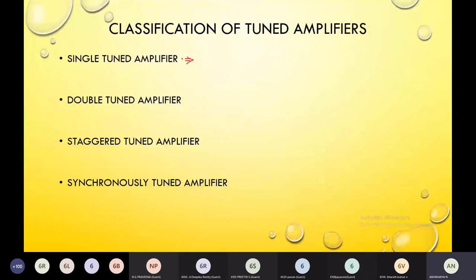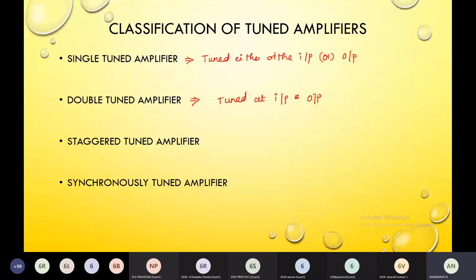You will have only one single tank circuit. In case of double tuned amplifier, you will have the tank circuit and tuned circuit both at the input and output. That is double tuned. Two tuned circuits you will have.